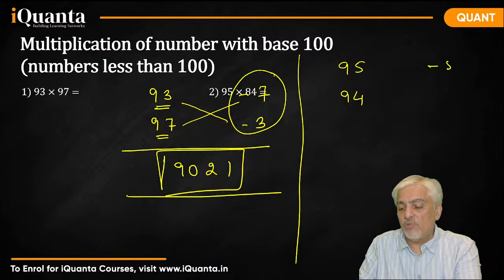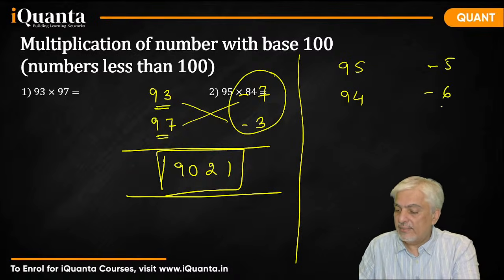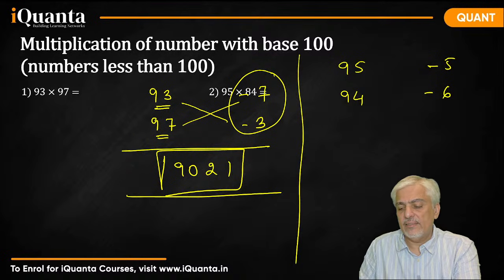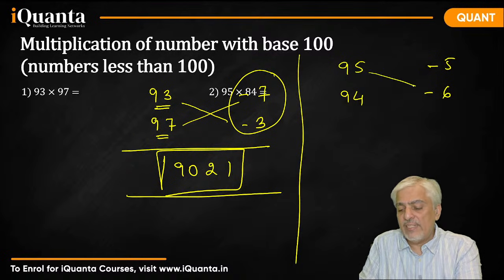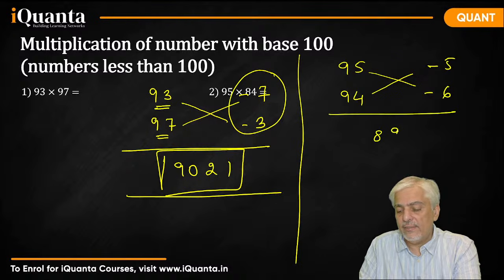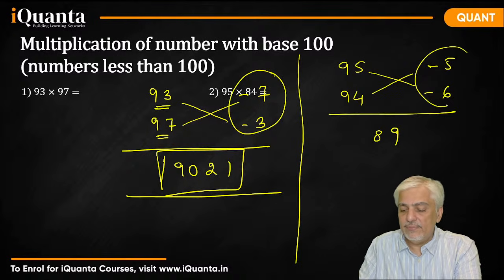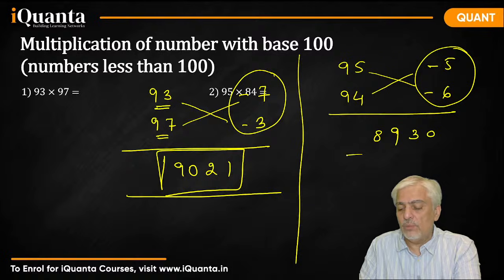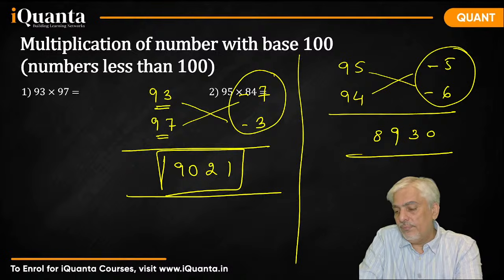So this is minus 5, minus 6, and minus 4. 95 minus 6 or 94 minus 5, both are 89. 6 fives are 30. So 8930.